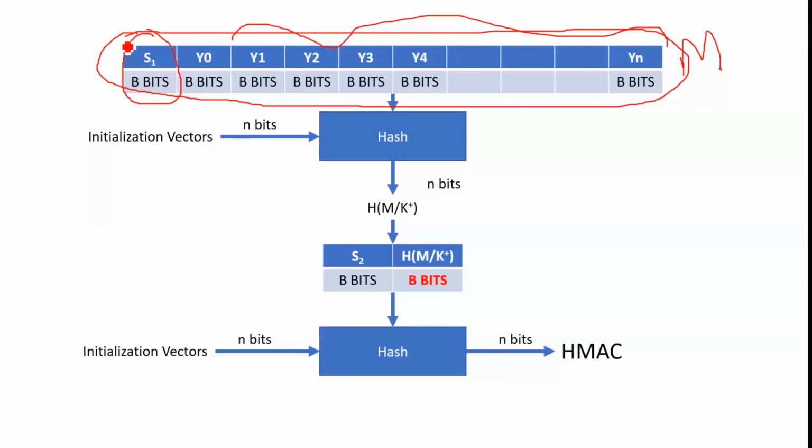Now it could be any hash function that we like. It could be SHA, it could be MD5, and there are many more hash functions. But we have learned about SHA and MD5, so let us take one of the examples. Suppose the hash function used here is SHA.